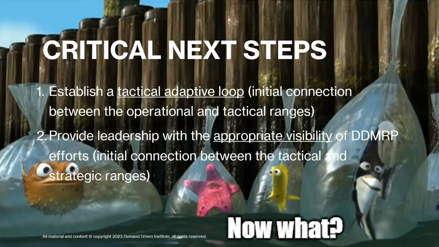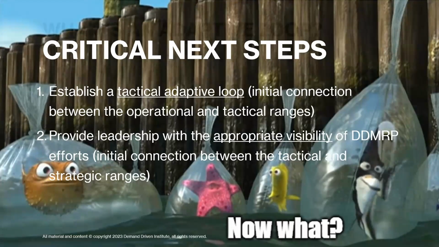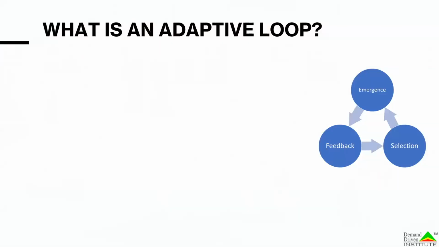All right, so let's talk about the tactical adaptive loop here. First of all, what's an adaptive loop? Well, I want to shout out to my mom, Deborah Smith, because we collaborated on the book in 2014, Demand Driven Performance, and she brought the complex adaptive science aspect to the book. She brought this idea of the adaptive loop, and it really resonated with me, and I've been working on it to articulate more about what it means in terms of management.